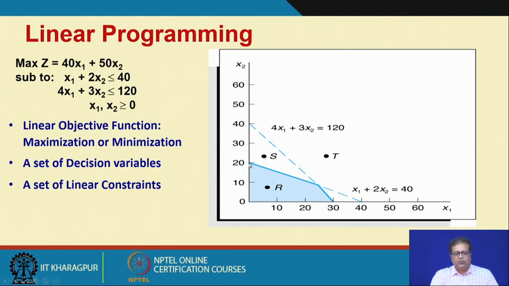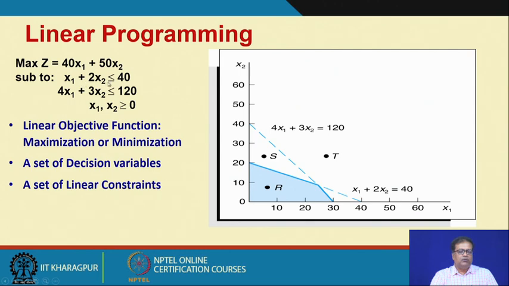So, you see this constraint line, which is from 20 to 40, we draw a line. It is drawn from, let us say, if x2 equal to 0, then x1 is 40, and if x1 equal to 0, then x2 equal to 20. So, a constraint line is drawn.